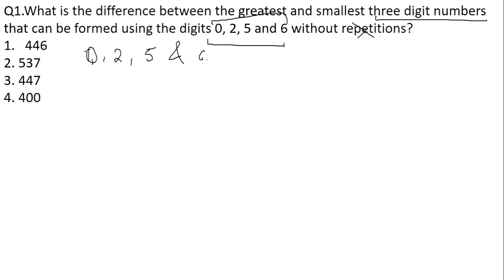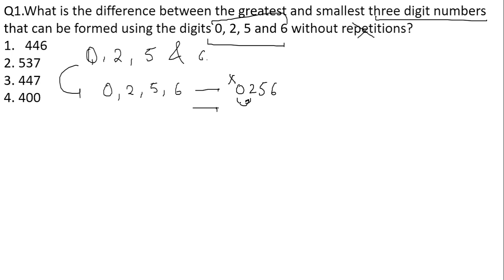So always keep in mind, whenever you are forming a smaller number, always write the given numbers in the ascending manner, that is 0, 2, 5 and 6. Always remember one thing, 0 is never going to come in the first place.